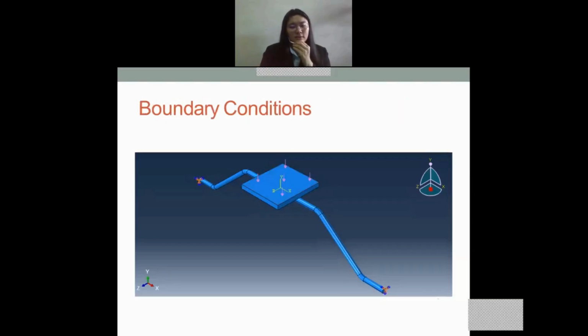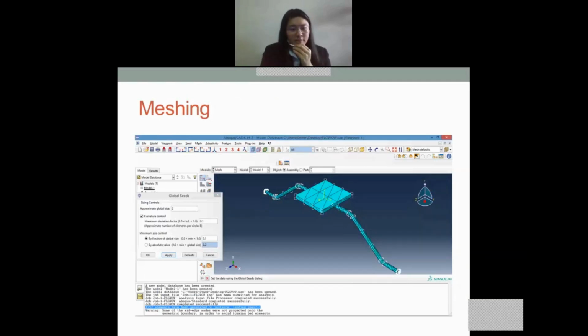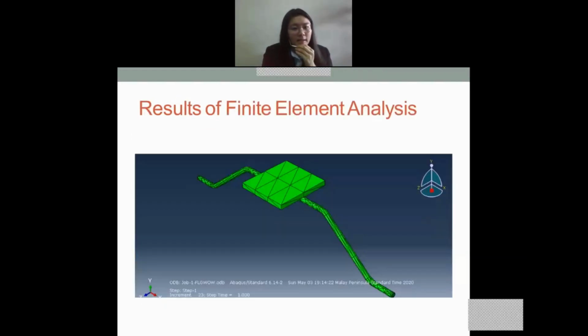For the boundary conditions, I fix both ends, so they are fixed supports. About the meshing, the approximate global size is 2, so 1,292 elements have been generated on the landing gears, and the elements used are tetrahedral elements.